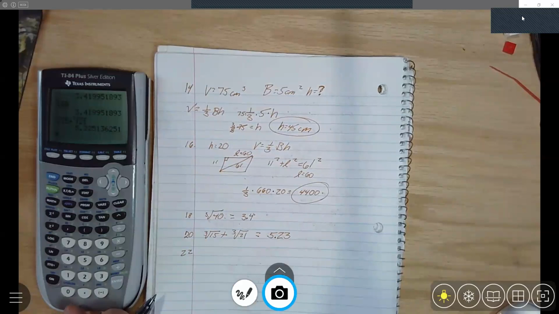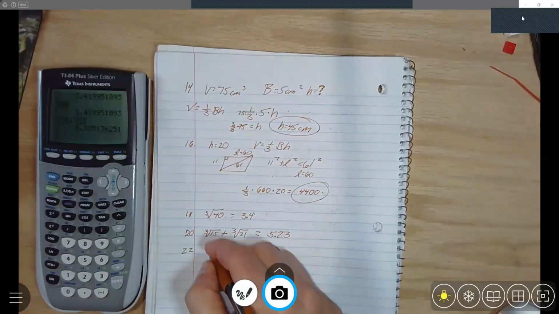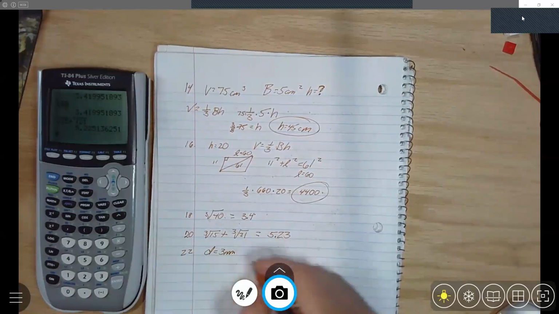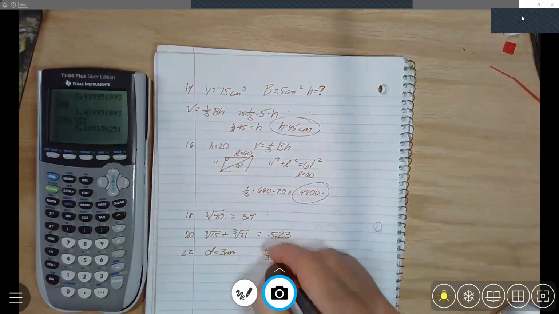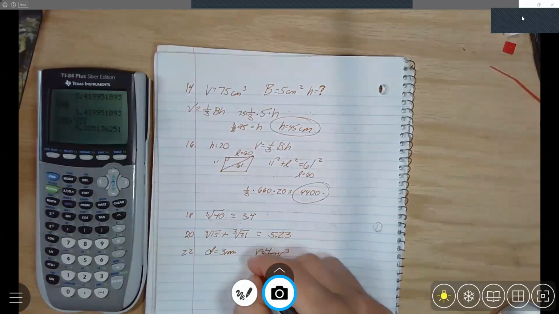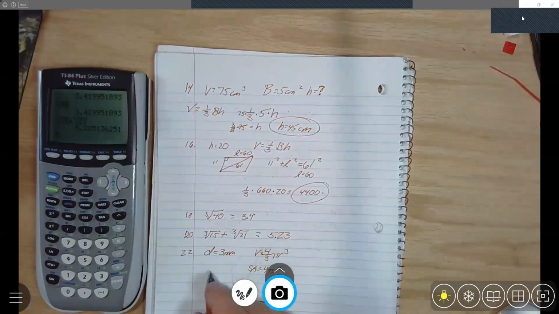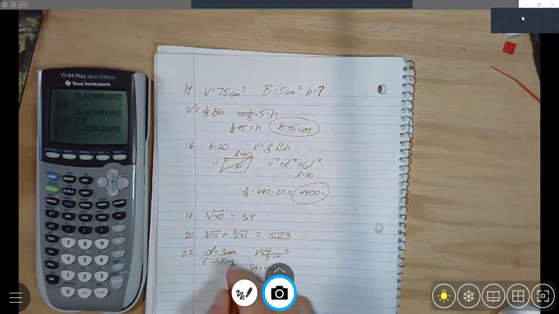22. Give the surface area and volume of a sphere with a diameter of 3 millimeters. Okay, so volume of a sphere is 4/3 pi r cubed. Surface area of a sphere is 4 pi r squared. So if the diameter is 3 millimeters, radius is 1.5 millimeters.